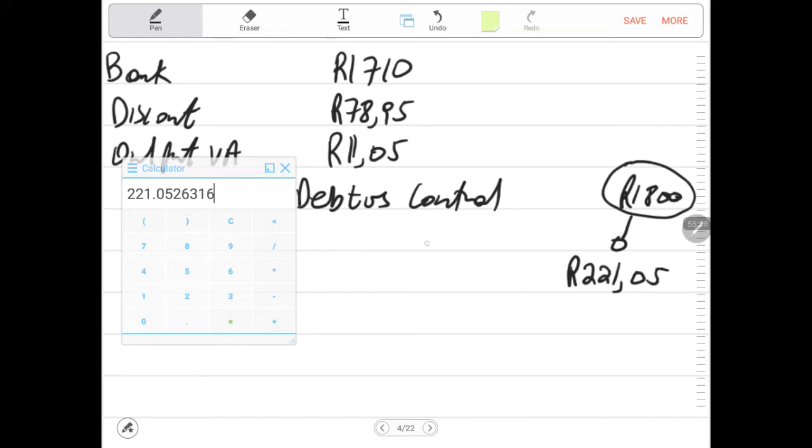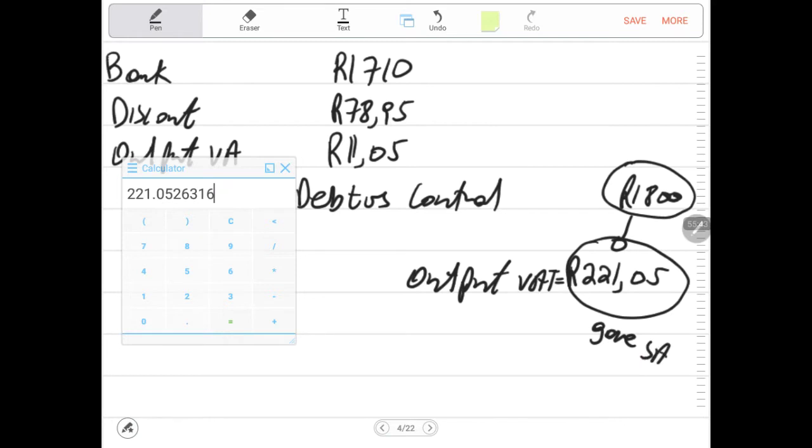We said, SARS, this is output VAT due to you, because we sold this inventory to a customer and we expect the customer to give us back 1,800 because the inventory is worth 1,800. And we collected this VAT of 221.05 and we gave this to SARS.